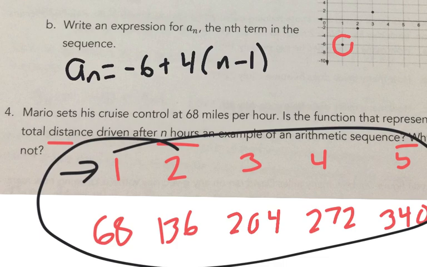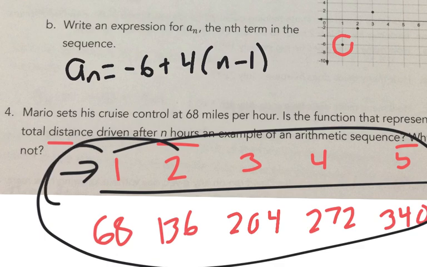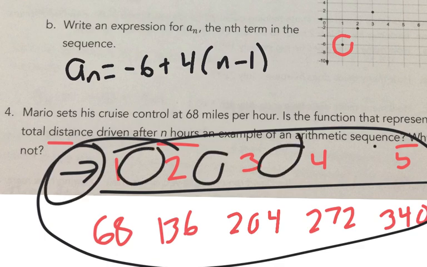So the domain is not this. The domain includes values between those that I'm having to leave out. Therefore, it's not an arithmetic sequence. To be an arithmetic sequence, the domain must be, like look at the graph right above it.